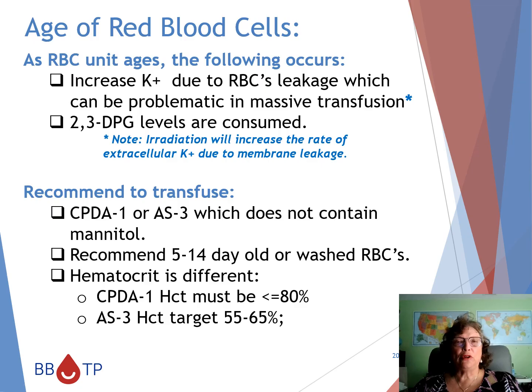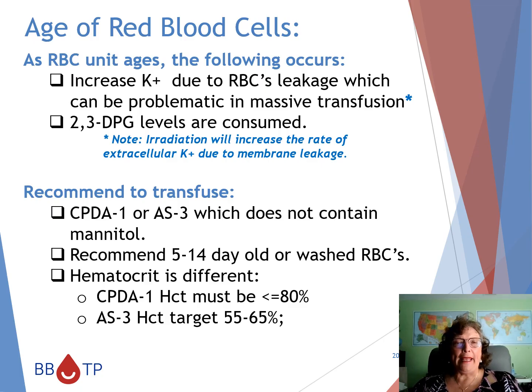So it's important to transfuse the irradiated product as quickly as possible in a neonate situation. In addition, you will have a decrease of 2,3-DPG because it is being consumed in order to sustain the red cells. After many studies, it is recommended that CPDA1 or AS3 anticoagulant be used because it does not contain mannitol.